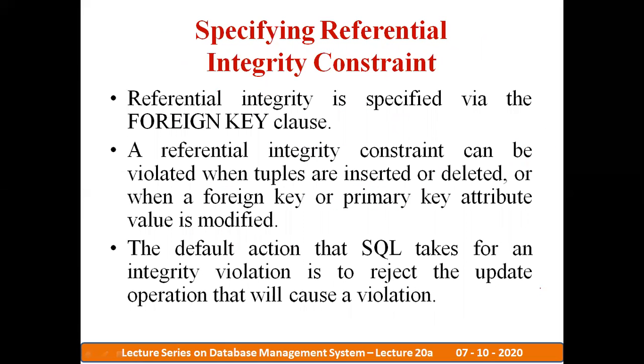Now, after discussing the key constraints, let us see the referential integrity constraints. That is, regarding the foreign key. So the referential integrity is specified via the foreign key clause. A referential integrity constraint can be violated when tuples are inserted or deleted, or when a foreign key or a primary key attribute value is updated or modified.